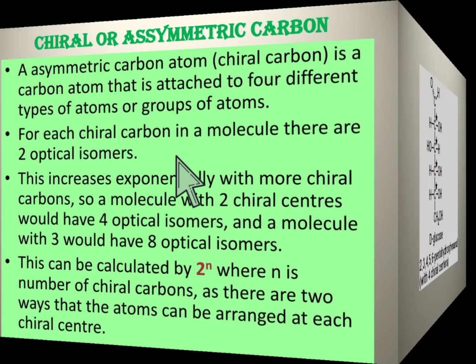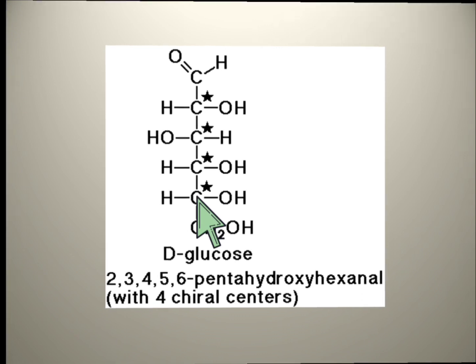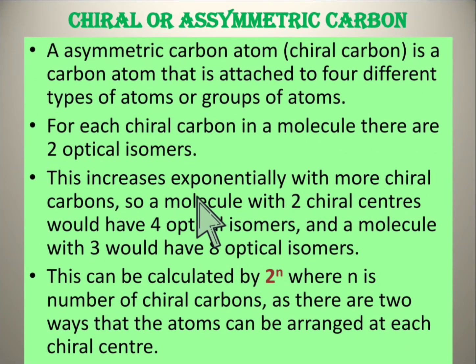Here you can see, for example, in this molecule, these are the chiral carbons. Why? Because if you take a look at this carbon, for example this one, it is attached to this group, this group, this group, and this group. So this carbon atom is attached to 4 different groups, so it is a chiral carbon. Same thing with this one and this one. They are attached to 4 different groups, so they are chiral carbons, known as asymmetric carbons.